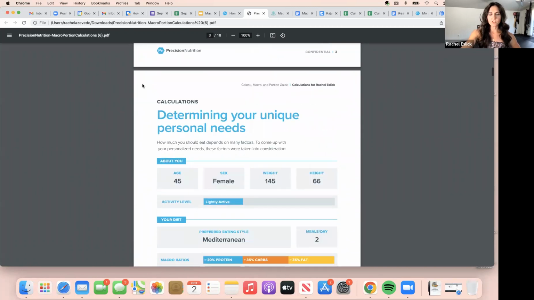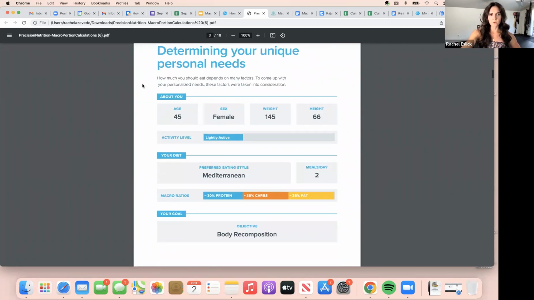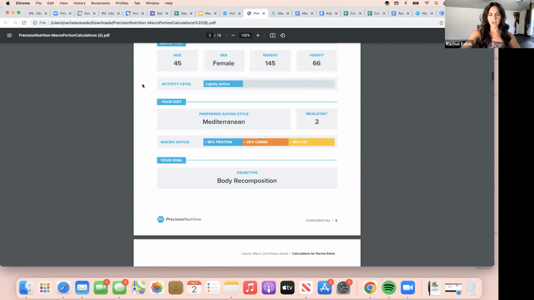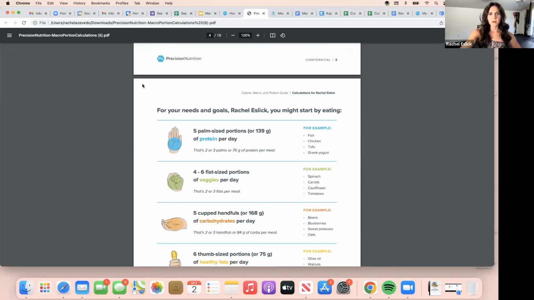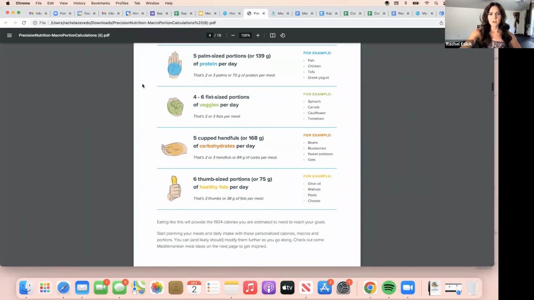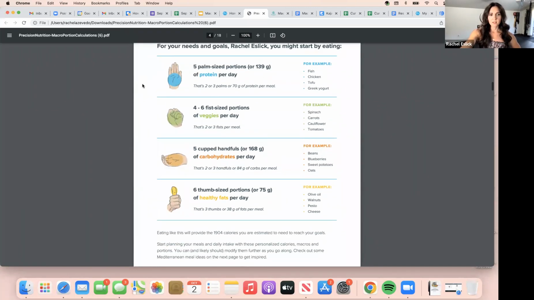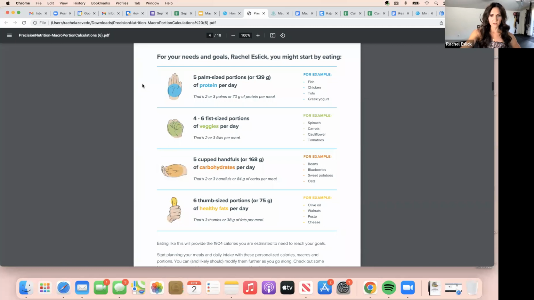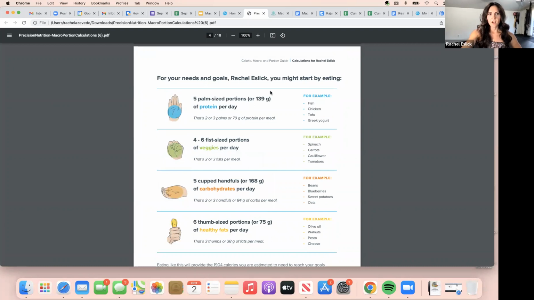I'll show you where to look at your calories and the actual macro numbers. It says it at the bottom of this page. So for you, Anna, it says 1900 calories, and your macro breakdown is 140 grams of protein.